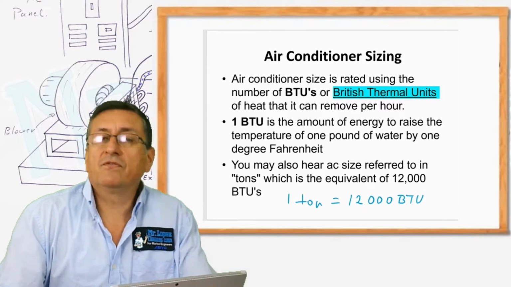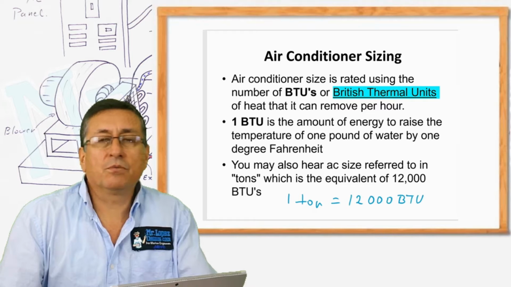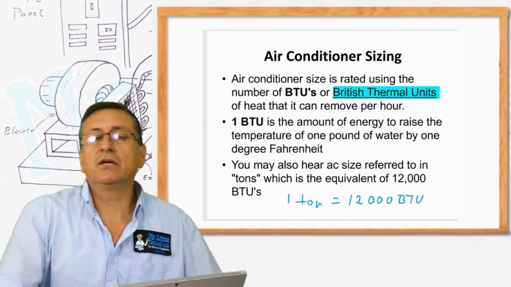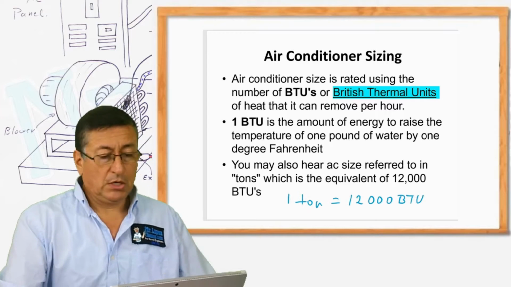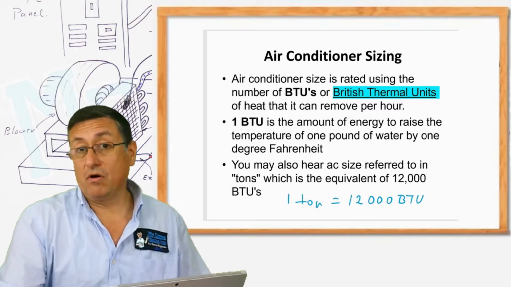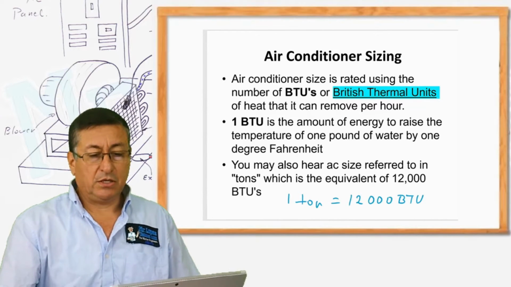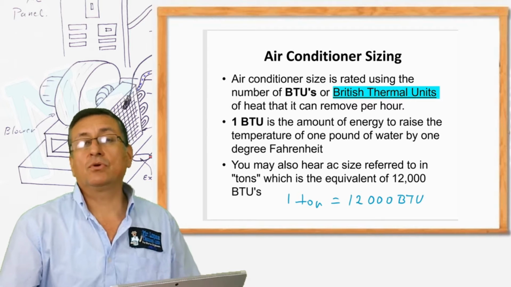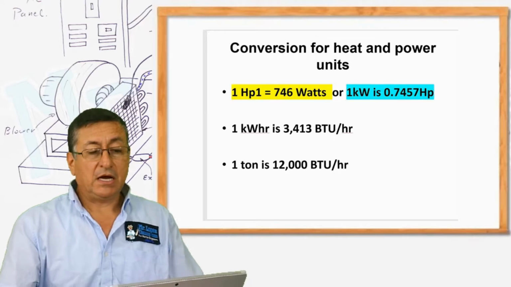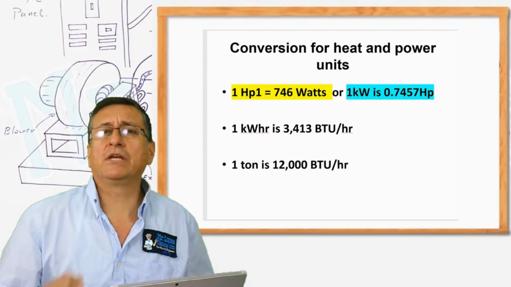But at the end of the day, it doesn't matter if you calculate in tons or BTUs, you can convert easily, because 1 ton is equivalent to 12,000 BTUs. We are going to use other simple formulas to convert.